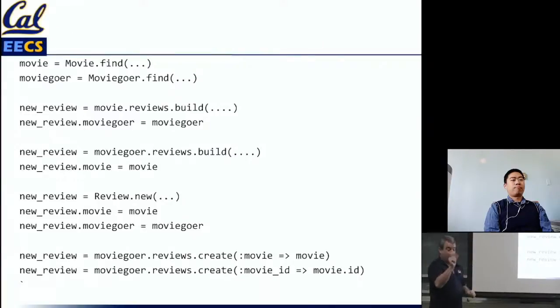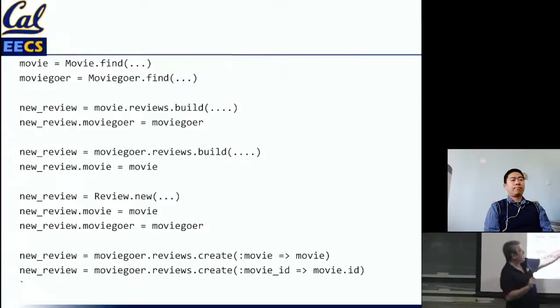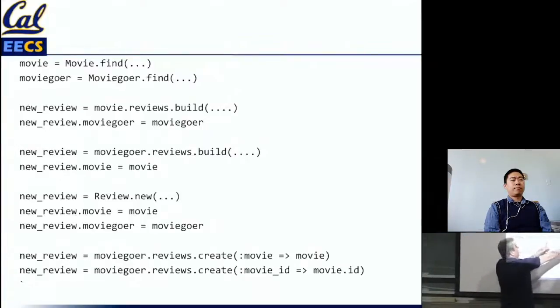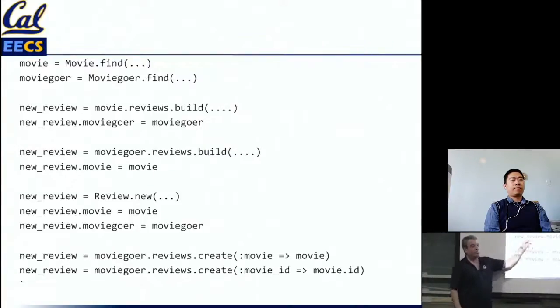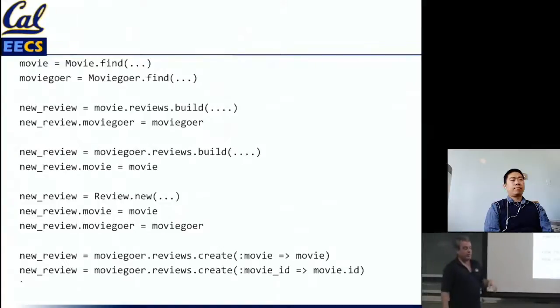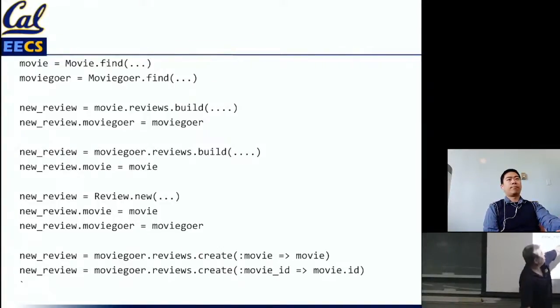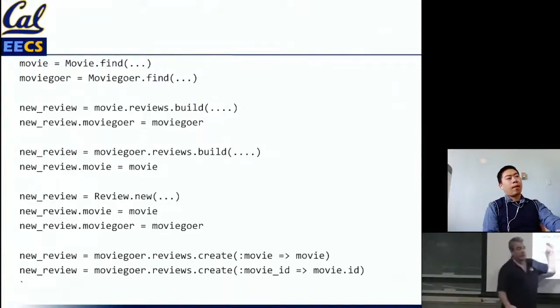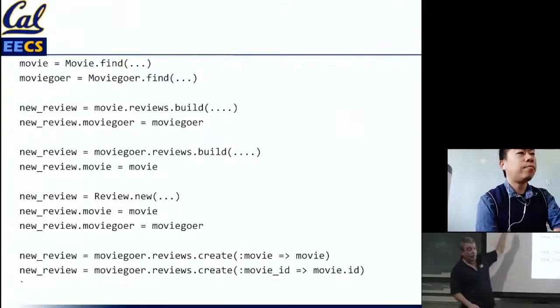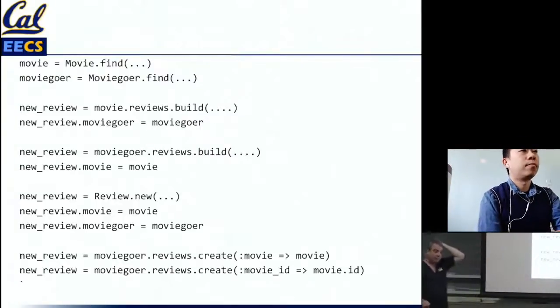And it's a setter method, it's a mutator method for an attribute. That's what these methods are. So there's actually a method called moviegoer equals, which is defined on reviews because reviews belong to movies, right? So the moviegoer equals, movie equals, those are actually method calls that are defined for you by using has_many or belongs_to.